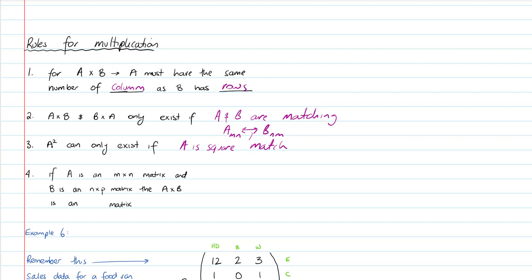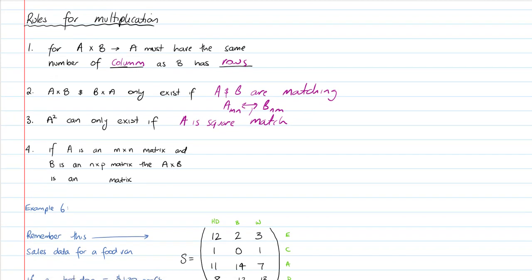And if A is an m by n matrix and B is an n by p matrix, so the n's match, then they will cancel out. Then A times B is an m by p matrix. We'll be left with that dimension and that dimension. And so that's a really important thing to recognise as well.